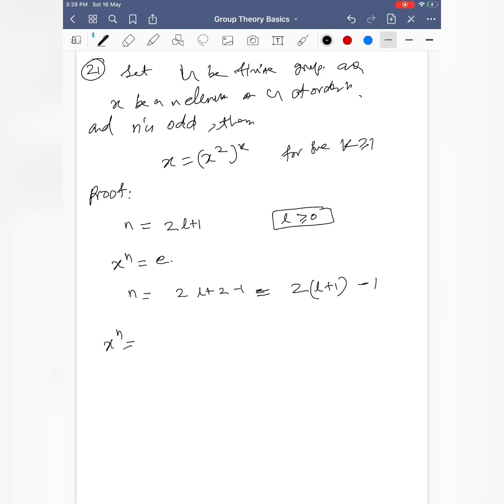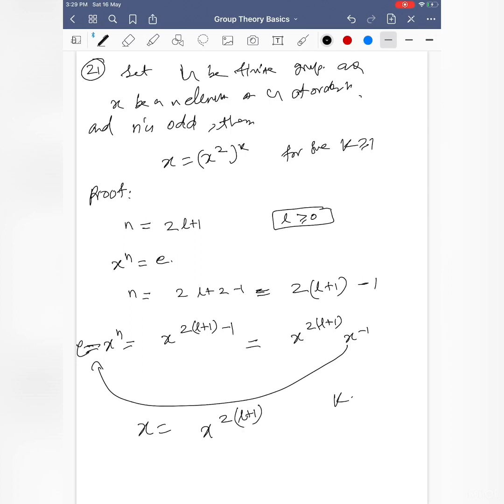So I know x power n is equal to identity. That is x power 2L plus 1 minus 1, that is x power 2L plus 1 times x inverse. So now take this here: x equals x power 2L plus 2, and now our k equals L plus 1.